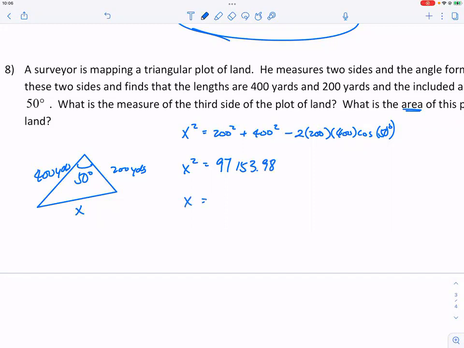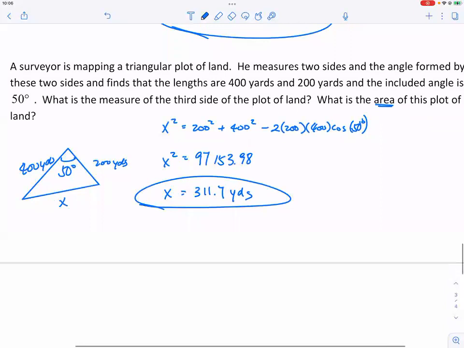And if I take the square root of this number, I would get 311.7. Okay, so that's my x in units of yards. That's my x value, the missing third side. I would say that makes some sense because it's not across the largest angle, so it should not be the largest side.